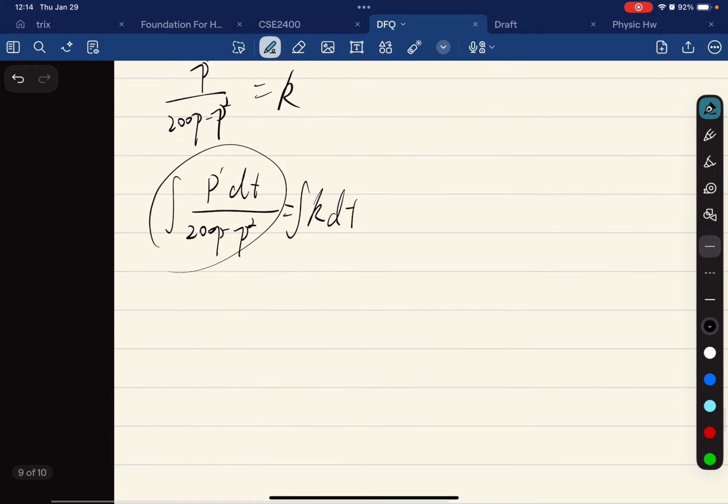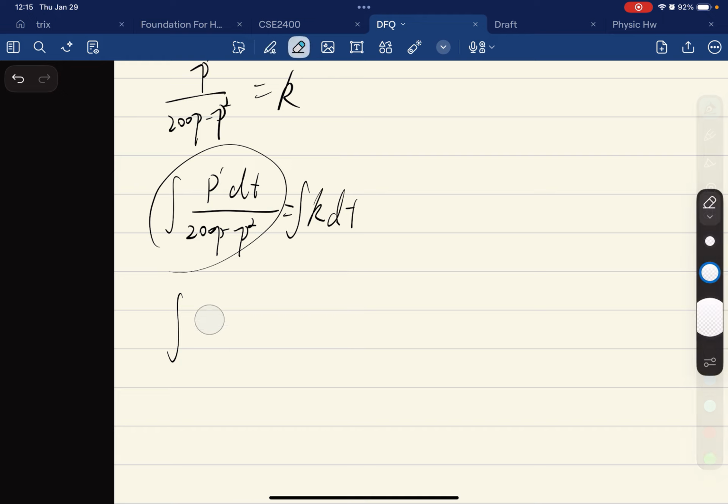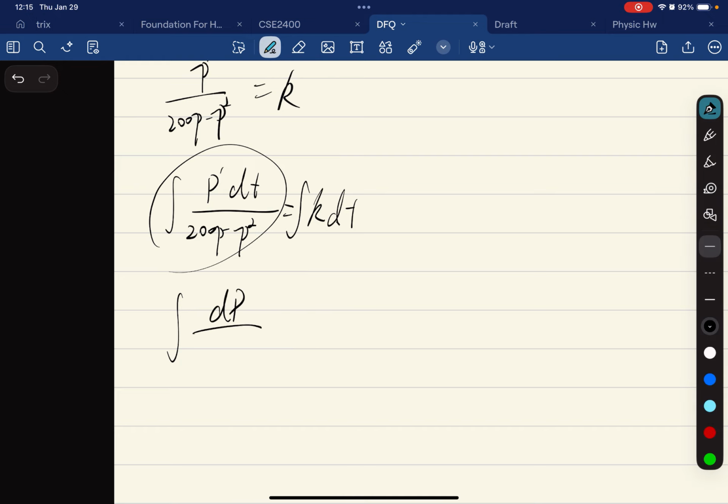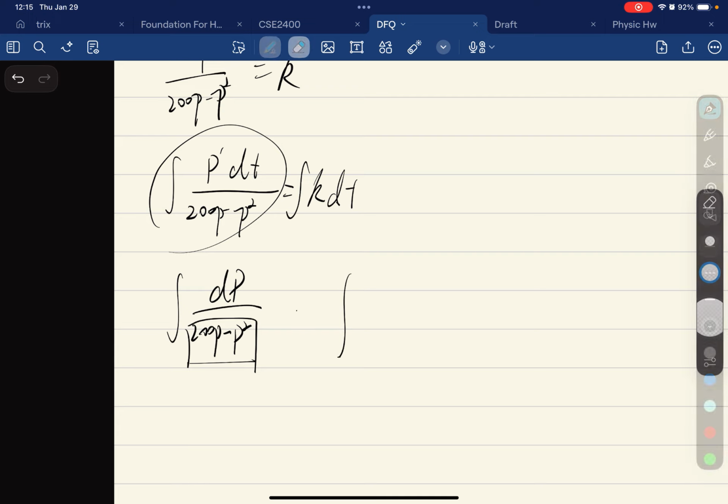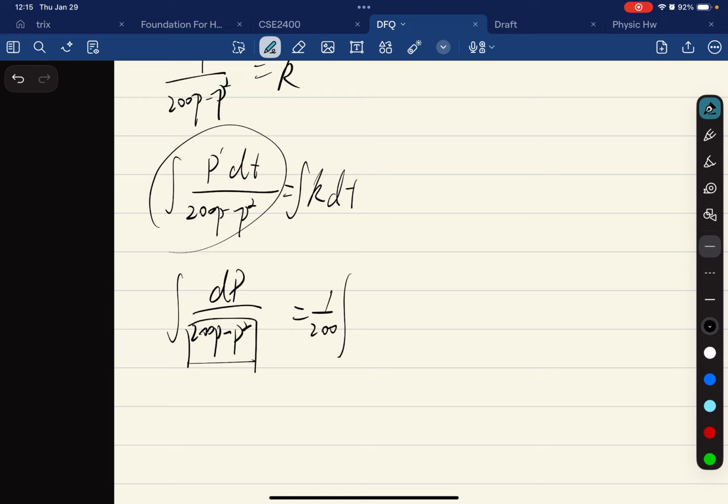For the left hand side, we can first simplify the numerator, which will just become dP over (200P minus P squared). We need to simplify this denominator based on what we learned in Calc 2. I will simplify all the process, which is written on the chart.